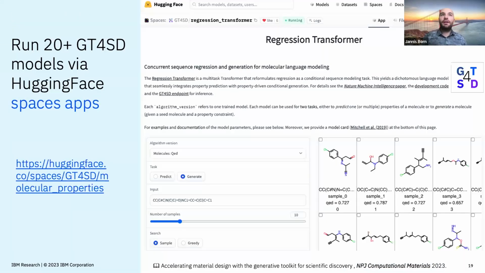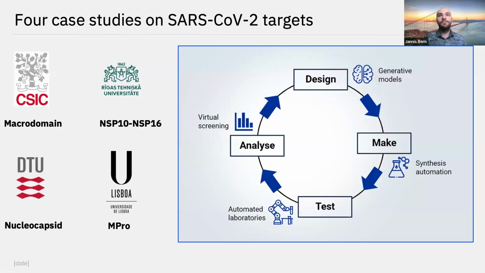Then we also have a lot of these models available on Hugging Face Spaces in these web apps, which is quite neat because you can use them from a user interface without having to run any code. There will be a QR code I will be showing in the end, where overall I think more than 20 models are available. There's documentation for each of them on how to set the hyperparameters and so on. So if you want to have a look, please feel free.